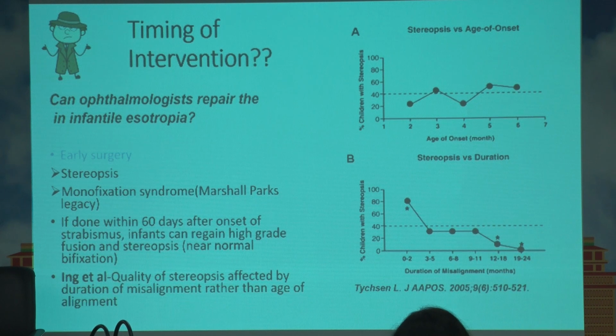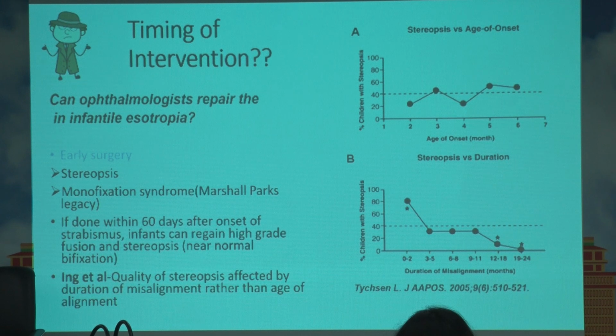With early surgery, if you are able to align the eyes, obviously the stereopsis and the binocularity development would be better. Even if you're able to bring it to the category of monofixation syndrome, that is within 8 to 10 prism diopters of residual esotropia, that is transferring a patient from a large angle esotropia to a small monofixation syndrome, that is the Marshall-Parks legacy, which says that this would allow the child to develop some amount of binocularity.